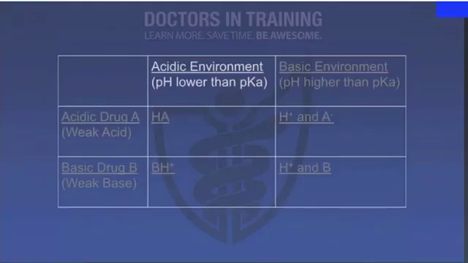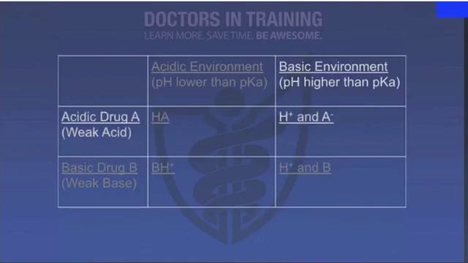So if the pH of the urine is lower than the pKa, then the protonated form of the drug is going to be predominant. And for acids, the protonated version is HA. If you have a basic drug, the protonated form is still predominating, and the protonated form of the basic drug is BH+. And if you have an alkaline urine, a basic urine, that means that the pH is higher than the drug's pKa, and so the non-protonated form of the drug will predominate.